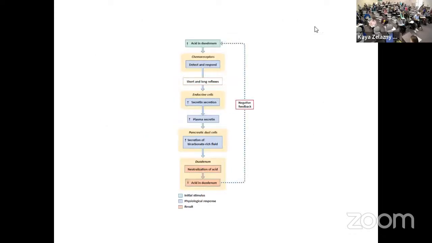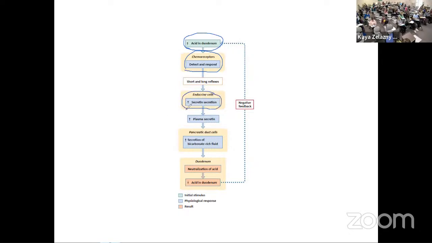Okay. So we have sort of feedback loops here that we could look at. If you see increasing acid in the duodenum, you'd have chemoreceptors that would detect and respond to that. There would be some nervous pathways, both local and longer, going up to your central nervous system, which would then go to our endocrine cells, so cells that produce hormones, telling us to release secretin.